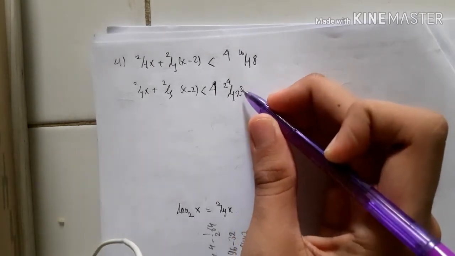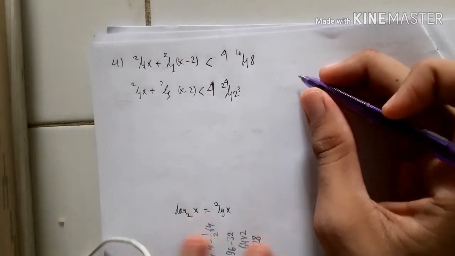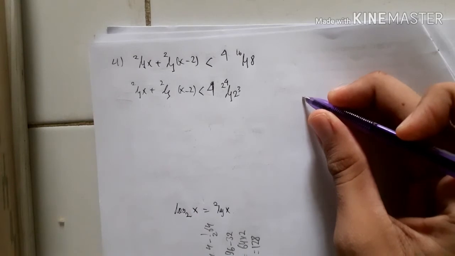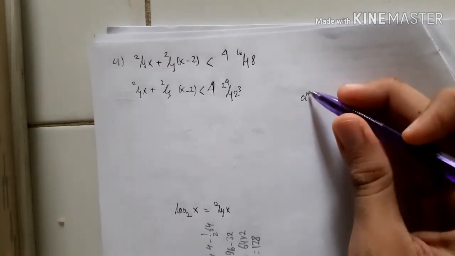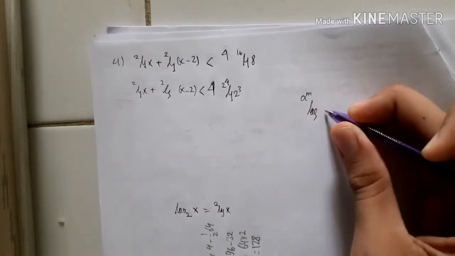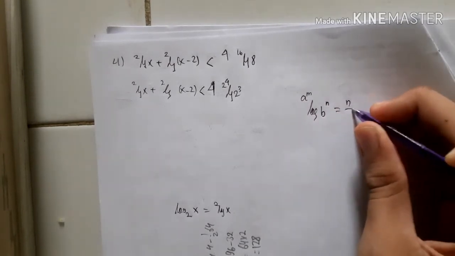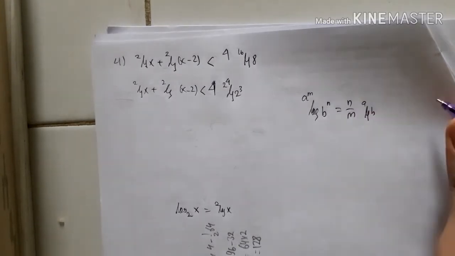So you can put that in front, because one of the identities of the logarithm is that if you have a to the power of m as the base and logarithm of b to the power of n, this is equal to n over m, base a logarithm b.